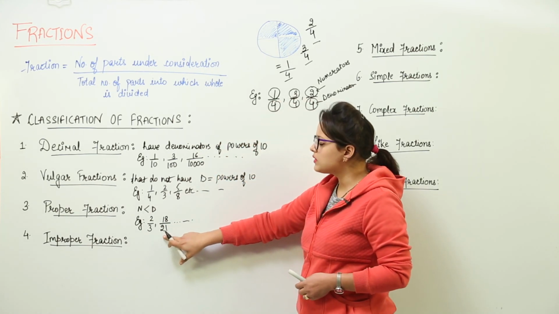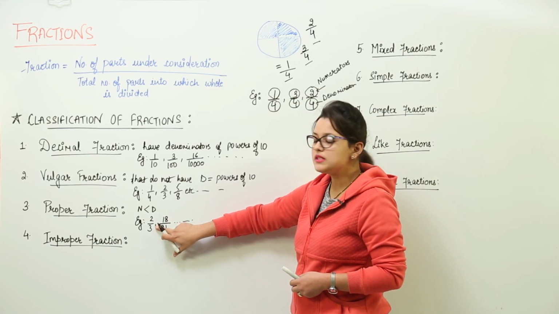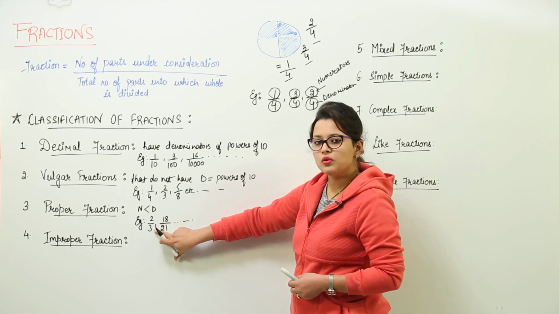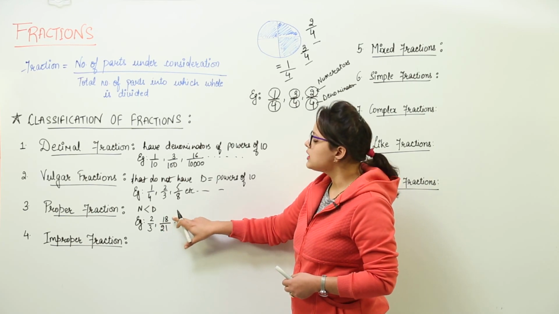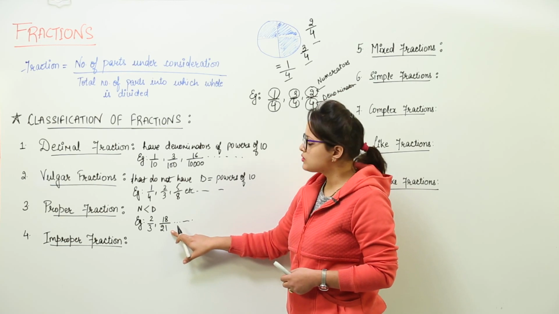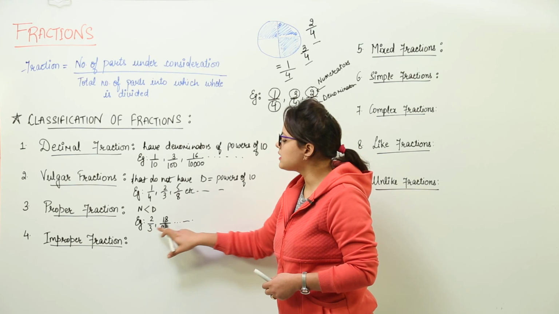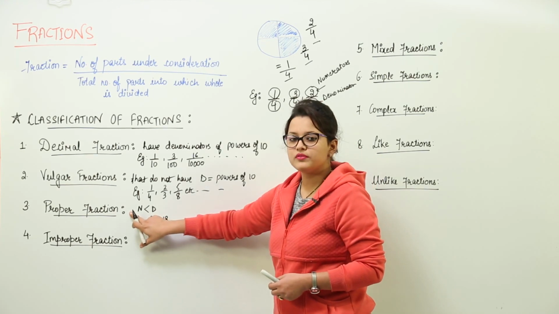In the first case you can check the numerator is 2 whereas the denominator is 3. That means the numerator is less than the denominator. Over here also the numerator is 18 whereas the denominator is 21. So here also the numerator is less than the denominator. So both these are considered in the category of proper fractions.